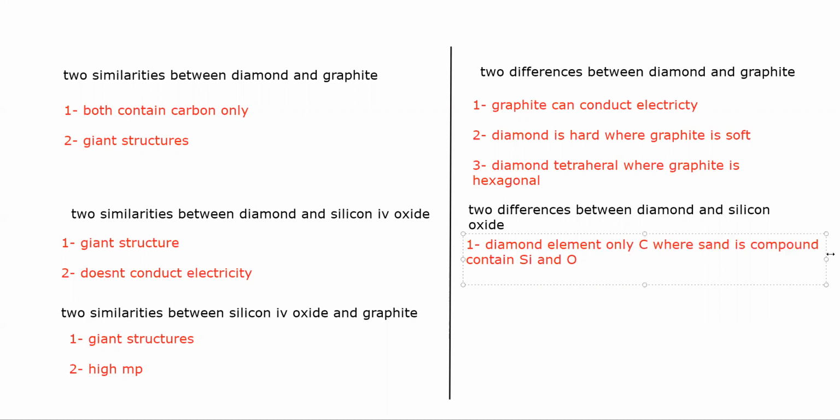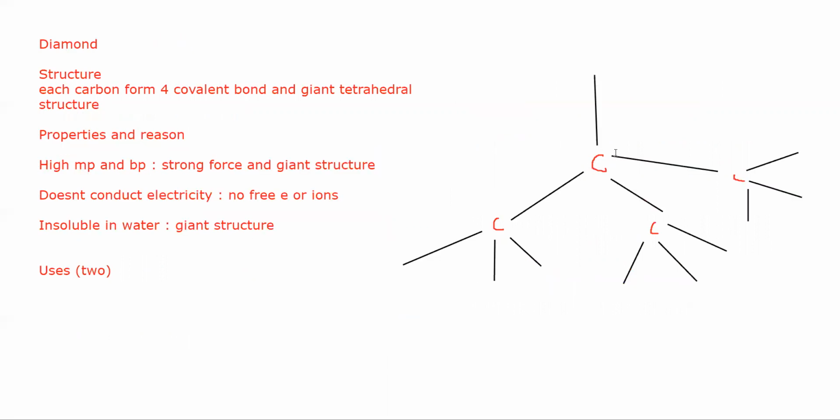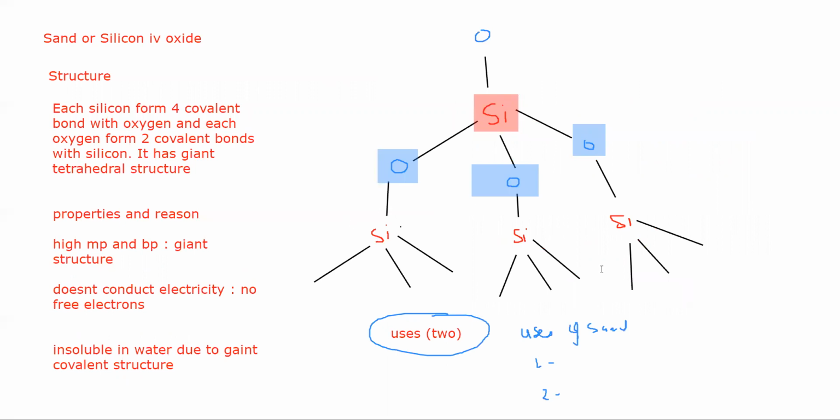What else? The second difference between them? What might be the second difference? You can check the structure. In diamond, each atom forms 4 bonds. But in silicon 4 oxide, silicon forms 4 bonds, but oxygen forms 2 bonds.